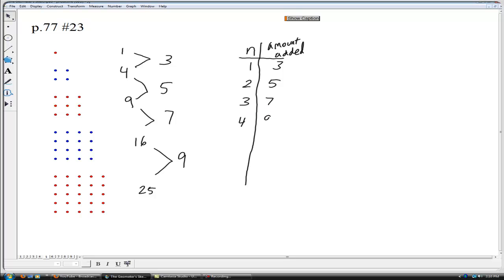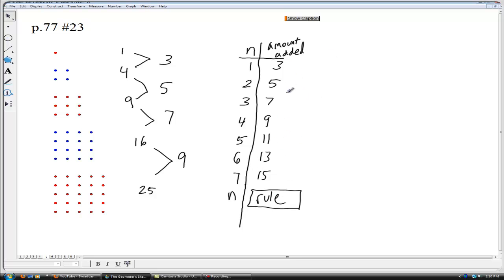4 gave us 9. And so let's see if we can make a conjecture here. 5 gives me, it looks like we're going 3, 5, 7, 9. Right? Consecutive odd numbers, it looks like. So when n is 6, that gives me 13. Now when we talk about a rule, it depends on the kind of pattern we have.